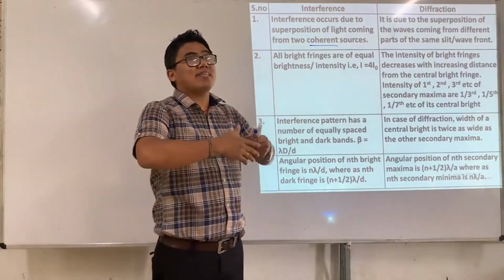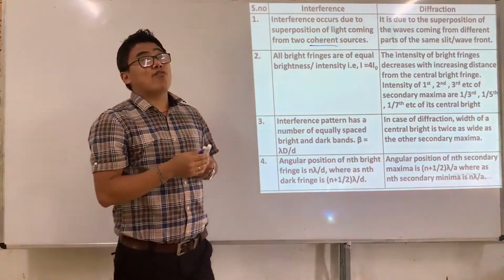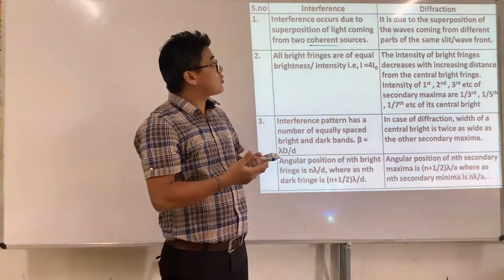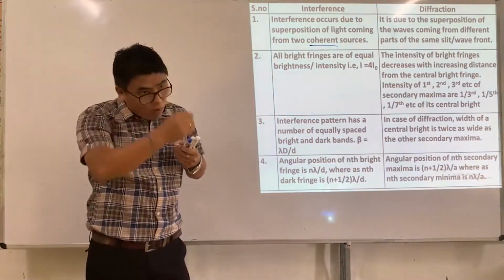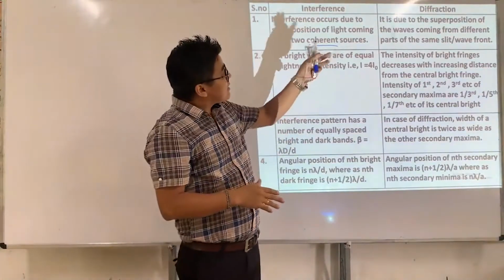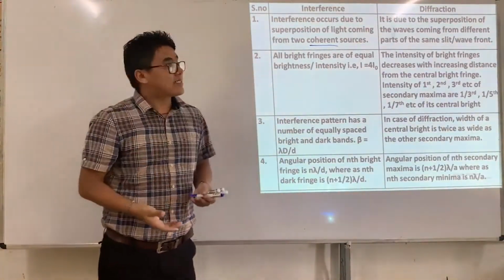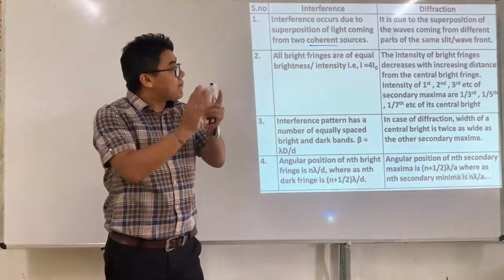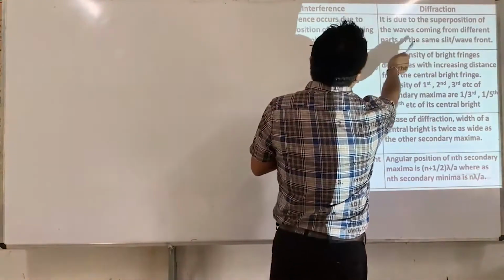So we are taking light from the entire slit. The light from all the parts of the slit superimposes on each other and gives you what we call diffraction. This is the difference.